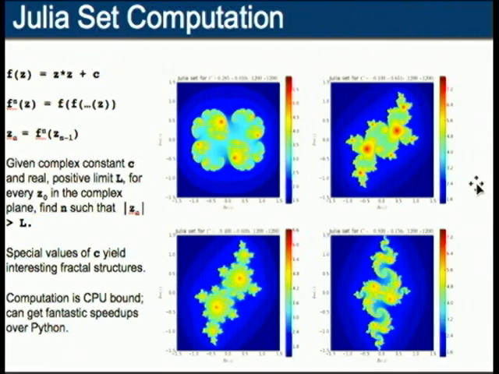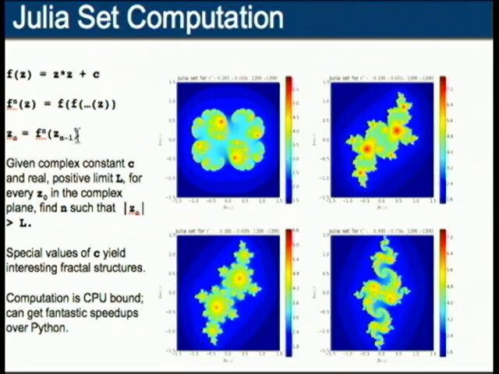The core computation is very simple. You're in the complex plane, and for each location, you just iterate a function over and over again. The function is just z squared plus some constant value c.